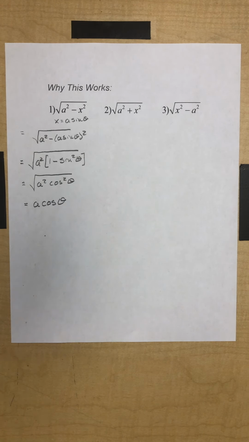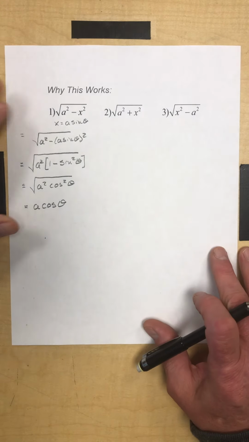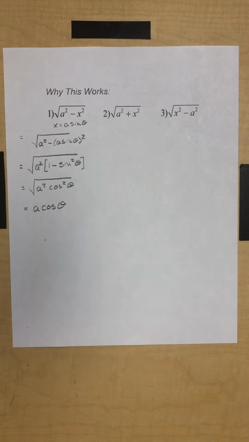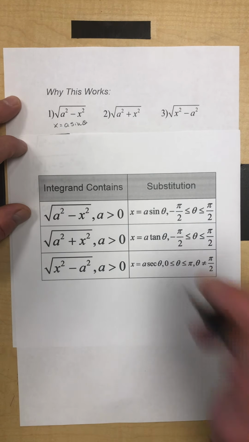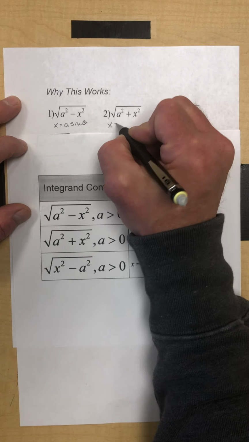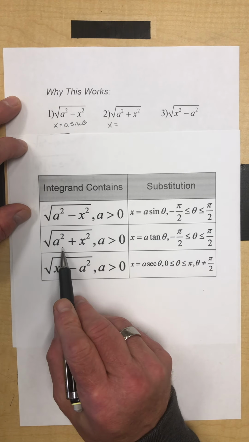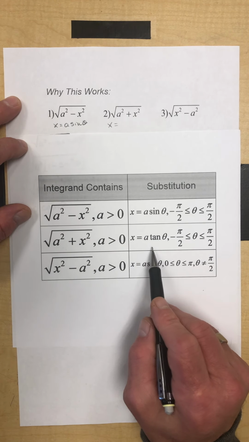So what are we going to do on this guy? You go right back to this sheet I gave you. So x equals what? That's right here. So we put an a tangent of theta.